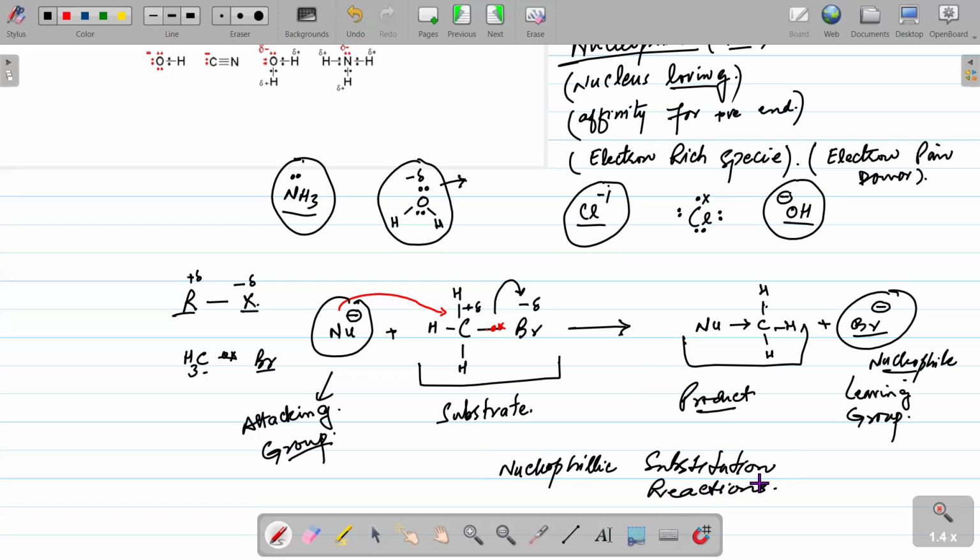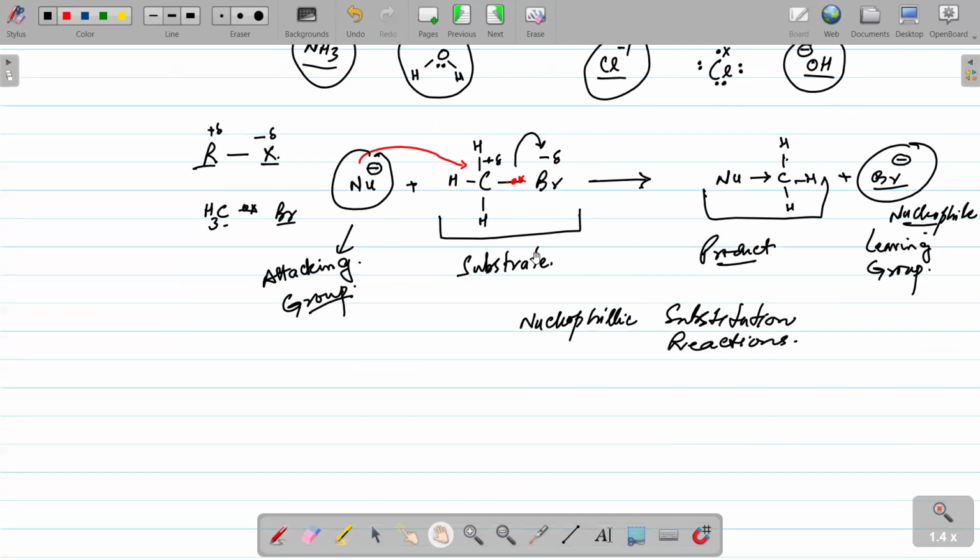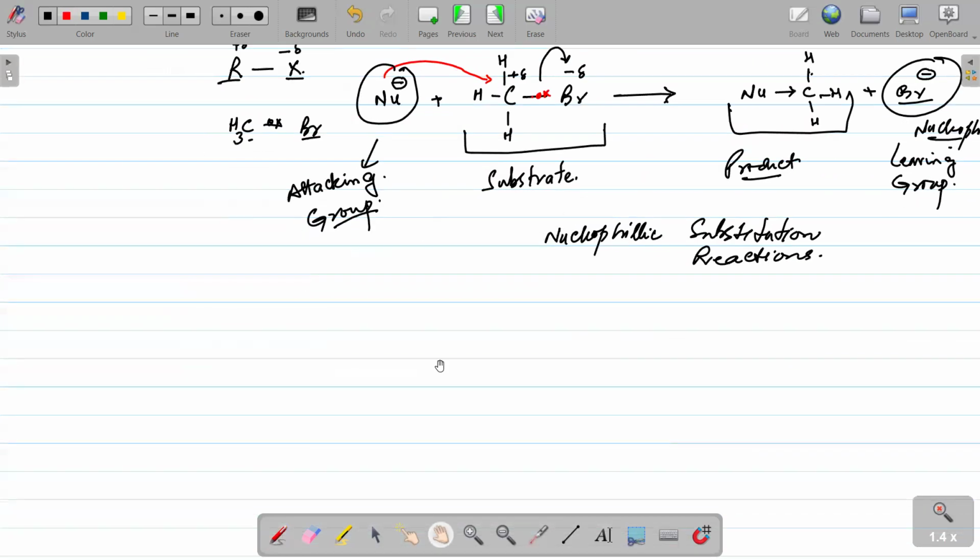Is it clear? Next, we can classify these nucleophilic substitution reactions into two categories. First of all, I am going to represent the term nucleophilic substitution as SN.